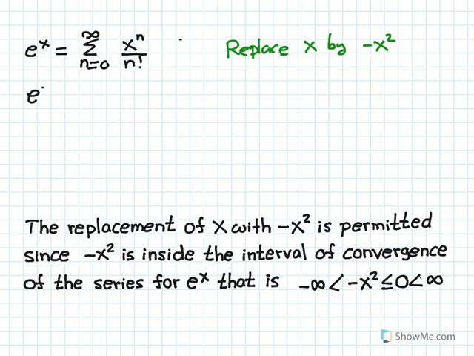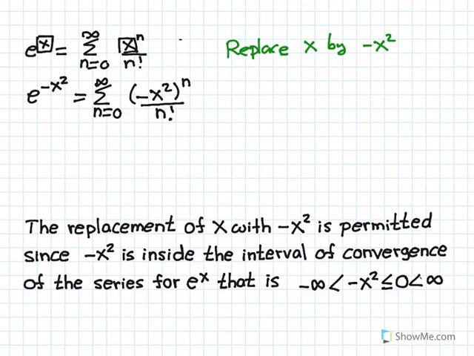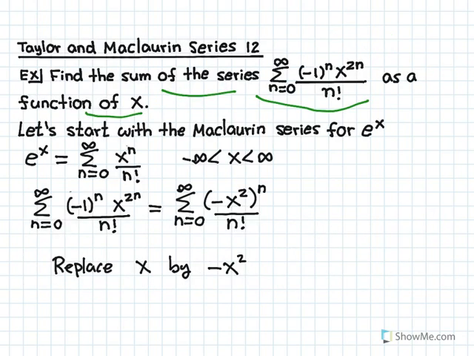Doing that, we get e to the minus x squared is equal to, wherever you see an x, replace it by minus x squared, summation n equals 0 to infinity of minus x squared to the power of n divided by n factorial. So in fact, this is the series that we were given. The sum of this is e to the minus x squared.